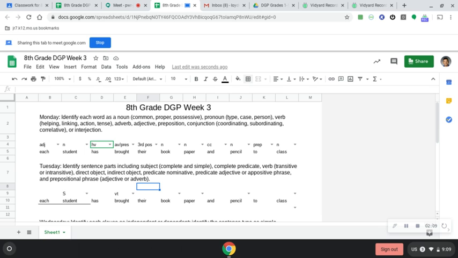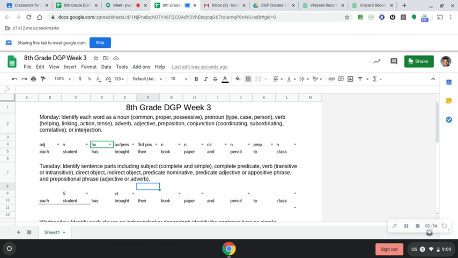What do we think our complete predicate is then? Connie, what do you think? Okay. What's the rest of the sentence then? Do we know what they've brought yet? So we've got to go a little bit farther with our complete predicate. Absolutely, Maverick. Spot on.